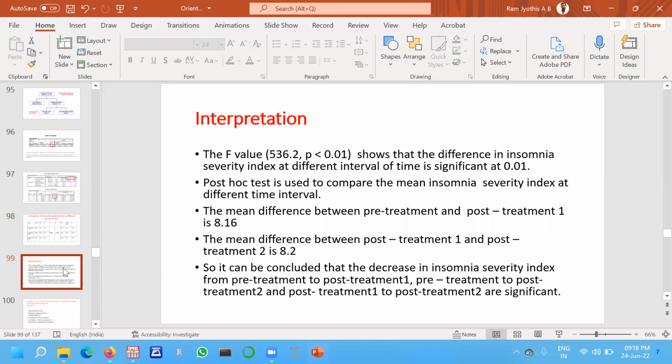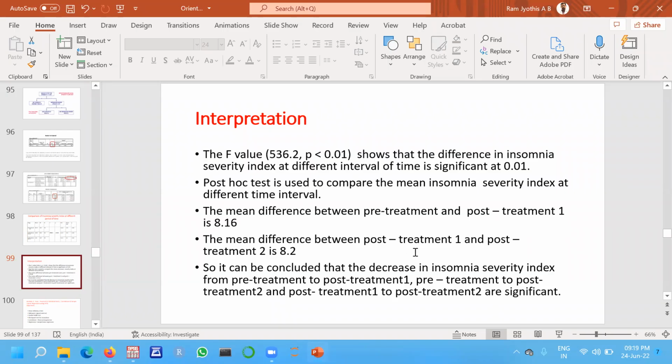Now how to interpret this table? The F value 536.2 shows that the difference in insomnia severity index at different levels of time is significant at 0.01 or 0.05. Post hoc test is used to compare the mean insomnia severity index at different time intervals. The mean difference between pre-treatment and post-treatment 1 is 8.16.